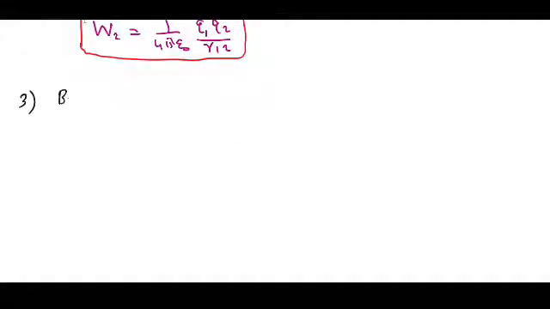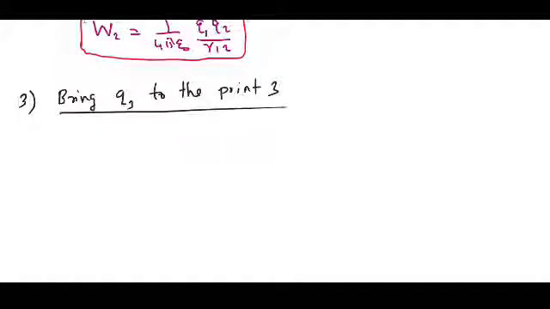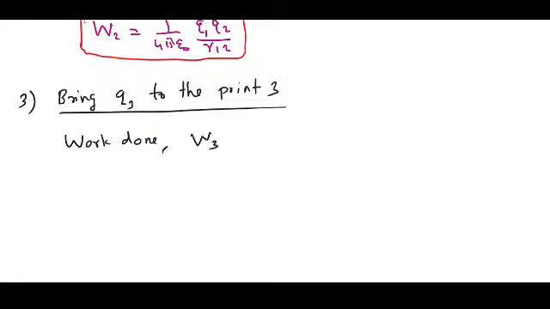So bring the third charge Q3 to the point 3. Here also we need to calculate the work done. The work done to bring the charge from infinity to the point 3 is W3. We are bringing the test charge Q3 to the point 3, where the potential is V3.